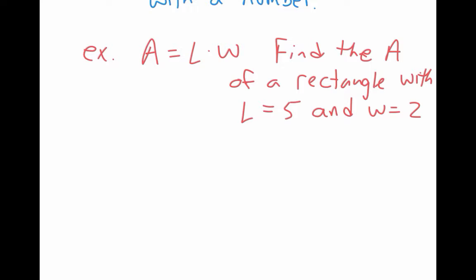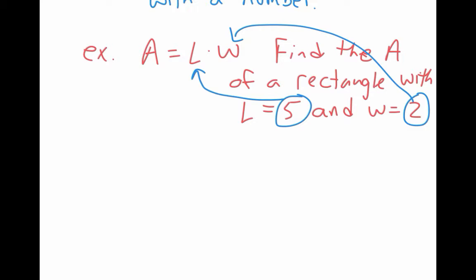We take the 5, that's going to go in and replace the L, then we take the 2, and we substitute that in for W, we replace the W with the 2, so we end up with the area is 5 times 2, for a total of 10 for the area.